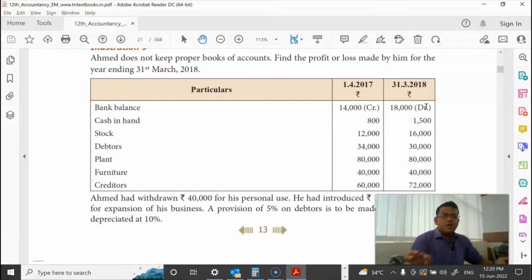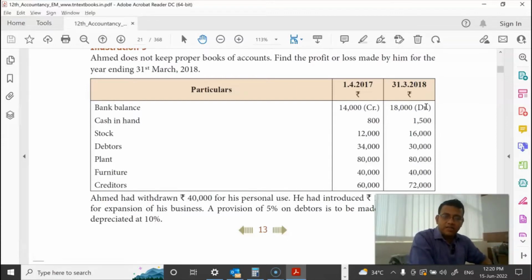So that means this bank balance is a credit balance, and that means it's a loan, it's an overdraft facility mostly. Whereas on closing 31st March 18,000, it's a debit balance. That means that will be on the asset side.